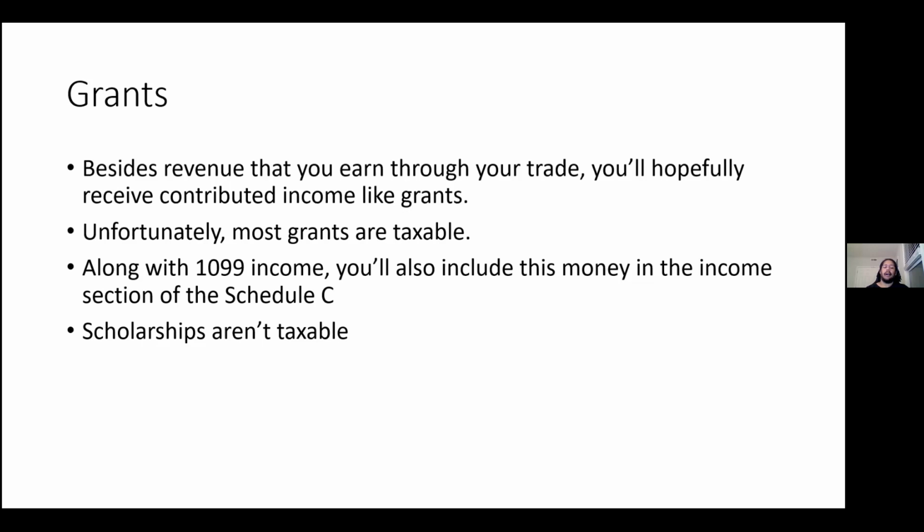But you might get a grant that's under $600, so you may not get a 1099 for it, but you still need to include that on the income section of the Schedule C. As a rule, any business income you get, even cash, anything that you get in the course of business, needs to be reported on the income section of the Schedule C. And then I just have a small note here that scholarships aren't taxable.